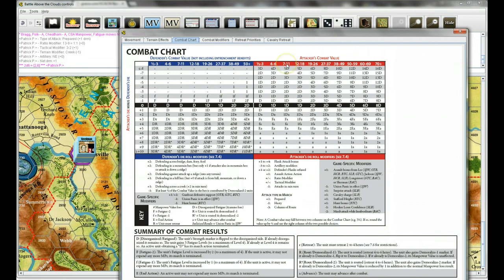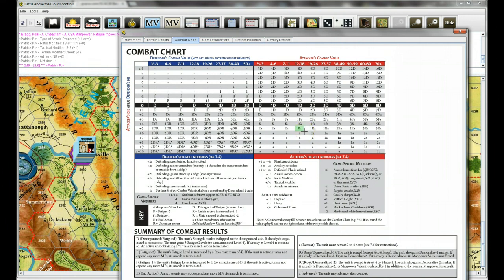In this case, Polk had a combat value of 13, so he's going to be on the 12 to 18 column. Then you just come right down, look at the differential of the die roll, and we can see that here we are at the +5 that he got. He had a 2. The defender had a 2 versus the 7 that Cheatham got. So we would consult that line and that spot right there.